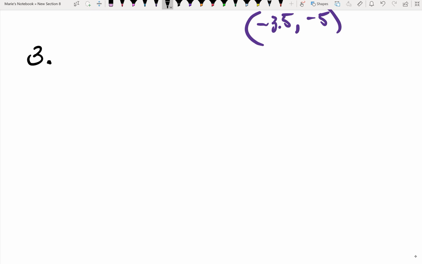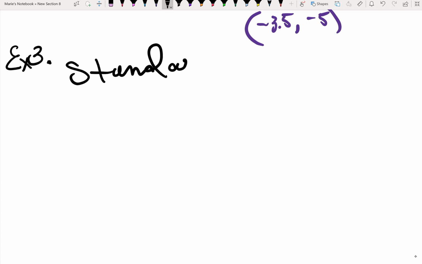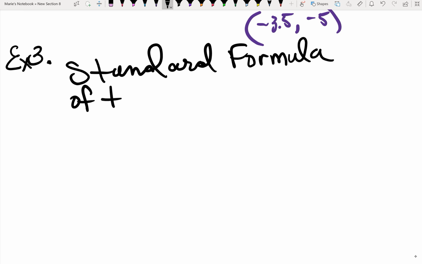So example 3, we're now talking about circles. And so the general formula that you're going to need here, in this case, it's actually referred to as the standard, my apologies, the standard equation of a circle.